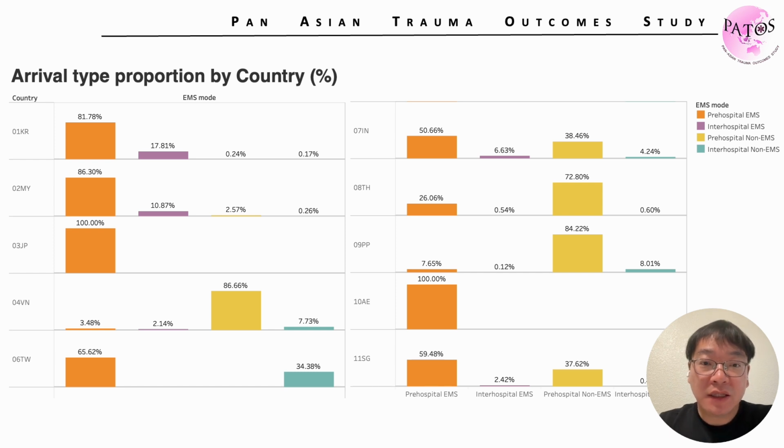As you know, the PATOS database has only trauma patients who are transported by ambulance. Some countries have a dominant proportion of pre-hospital EMS, and some countries have a dominant proportion of pre-hospital non-EMS. The system or environment of each country's EMS is different.